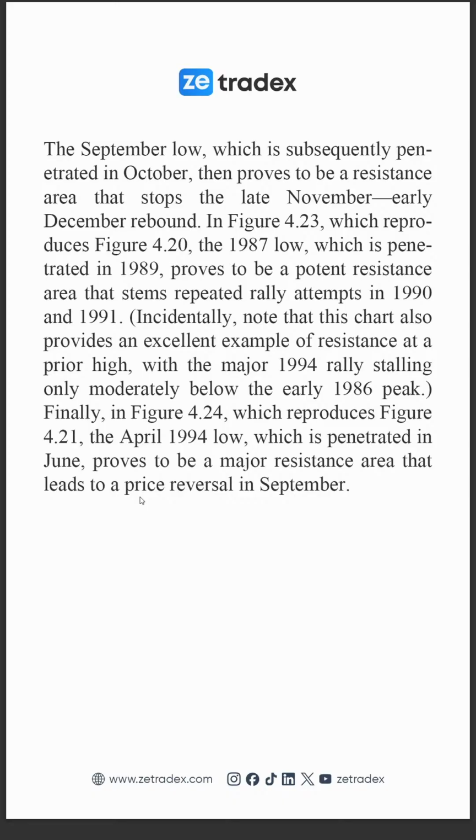Incidentally, this chart also provides an excellent example of resistance at the prior high, with the major 1994 rallies falling only moderately below the early 1986 peak. Finally, in the next figure, which reproduces figure 4.21, the April 1994 low, which is penetrated in June, proves to be a major resistance area that leads to a price reversal in September.